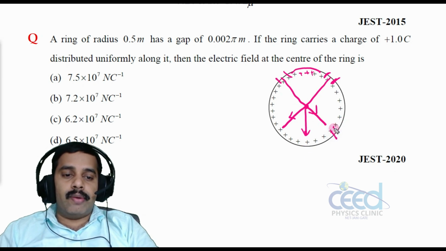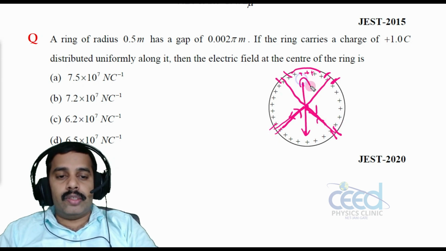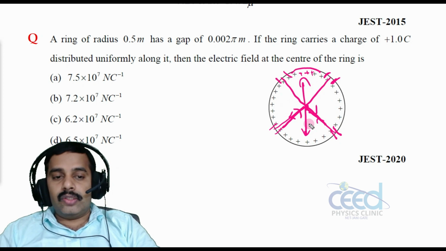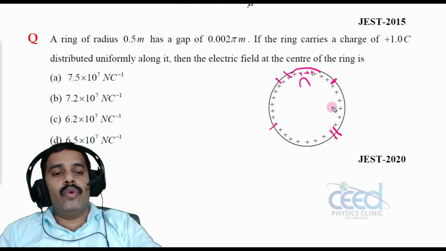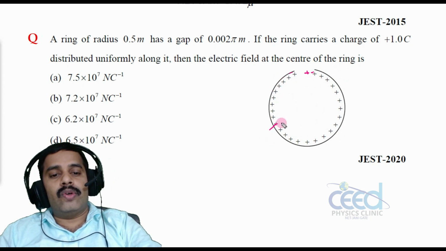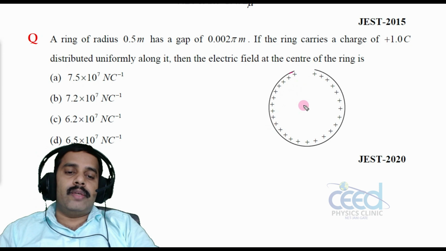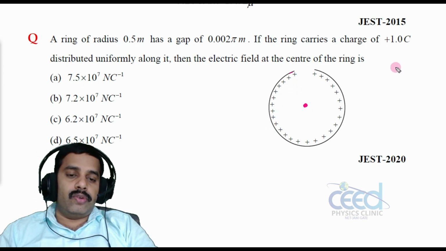And similarly if I am considering the same in this direction, then it is upward. So all the field, right? If I am considering the field due to a full ring, it is already studied, the property of a cavity, right? So that means there is no charge distribution, so here electric field is 0.